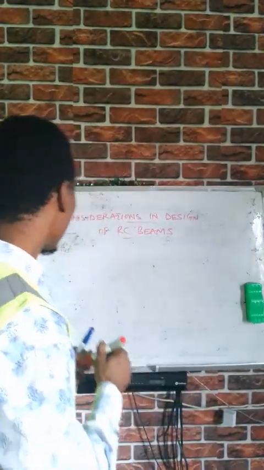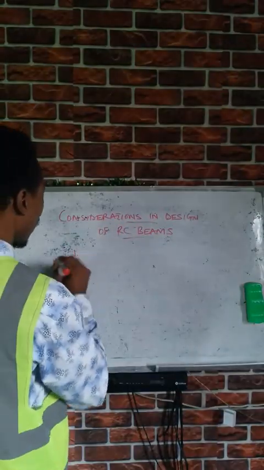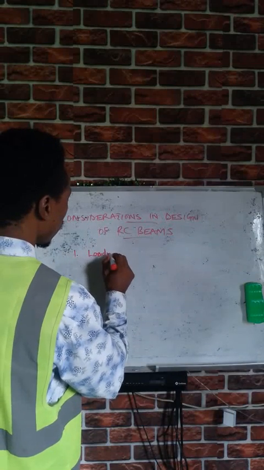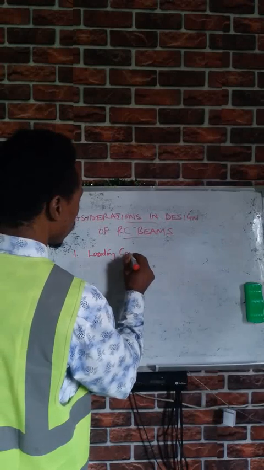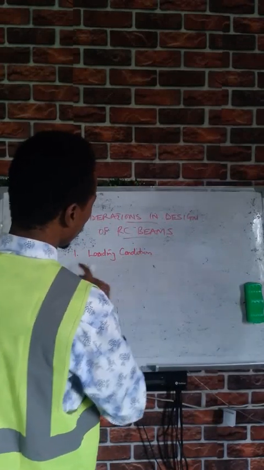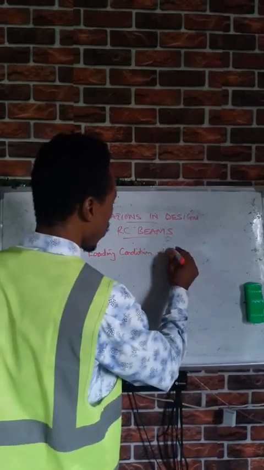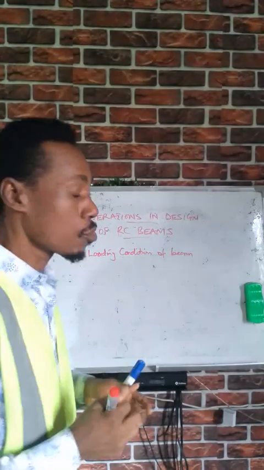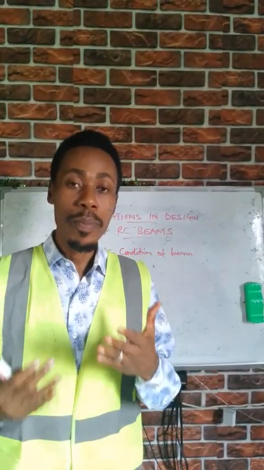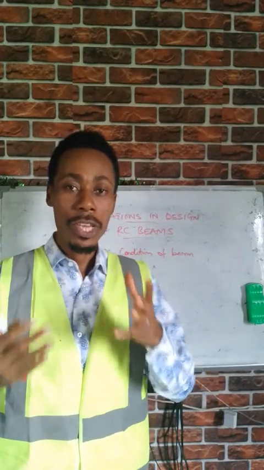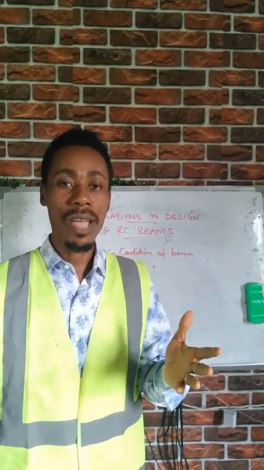Now, first and foremost, you must understand the loading condition of the beam. This loading condition has to do with the anticipated amount of load that the beam is expected to carry and transfer.